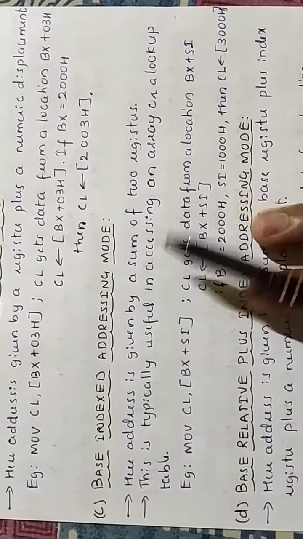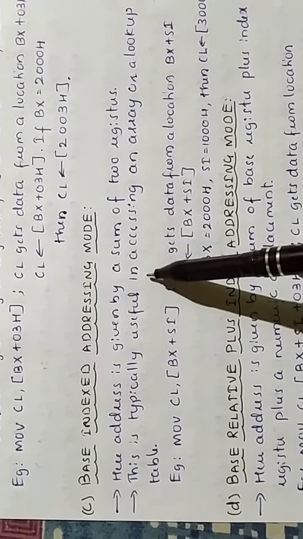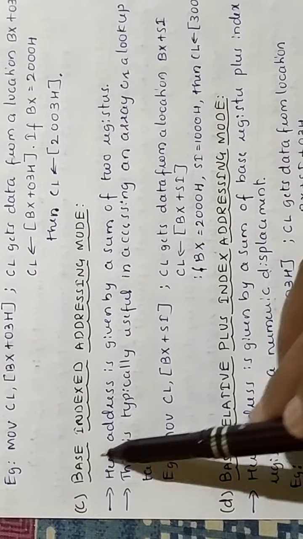The third one is the base indexed addressing mode. Here the address is given by a sum of two registers. This is typically useful in accessing an array or lookup table. In some situations we are not accessing only one element; we need to access a whole array in memory, and in that situation the base indexed addressing mode is helpful.